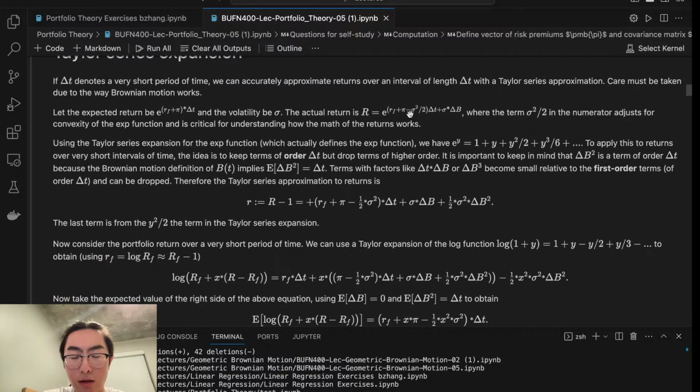So we subtract sigma squared, right? Times delta t, plus sigma times delta B.